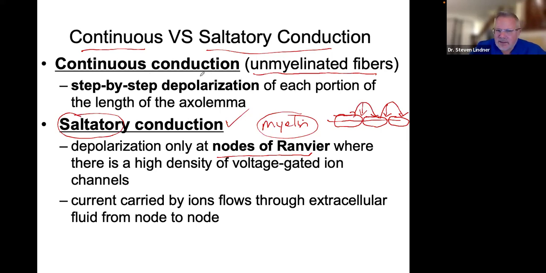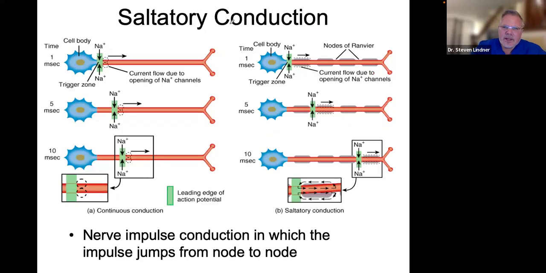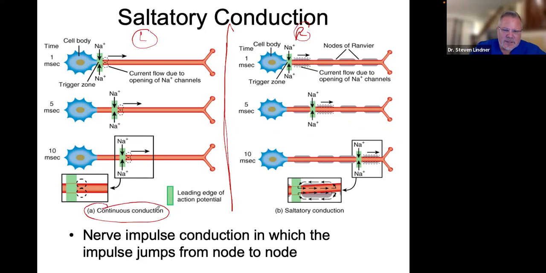In axons that are unmyelinated, there's a step-by-step depolarization at different portions of the axolemma. So if we were to compare the left side versus what we have here on the right side, on the left side is continuous conduction, and on the right side, we have saltatory conduction.